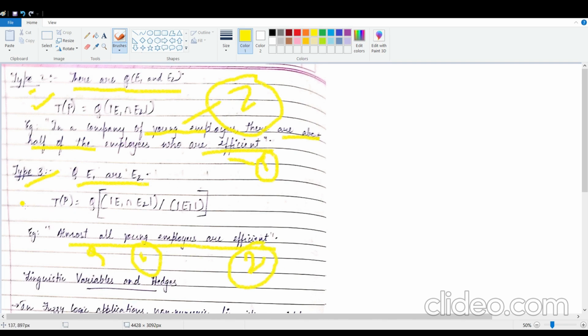And the truth value for this is found out by a formula like this. It is the cardinality of E1 intersection E2 divided by the cardinality of E1. So you can pretty much extend whatever you have learned in the case of type 1 to this type 2 and type 3 and then find out the truth values of your fuzzy propositions.